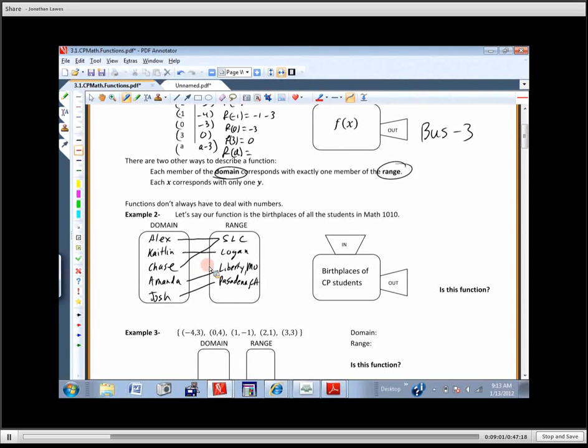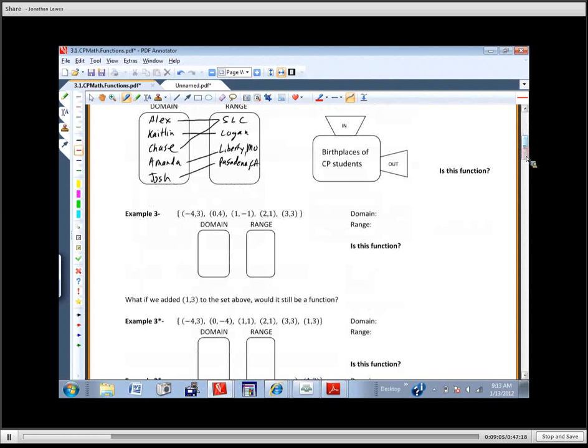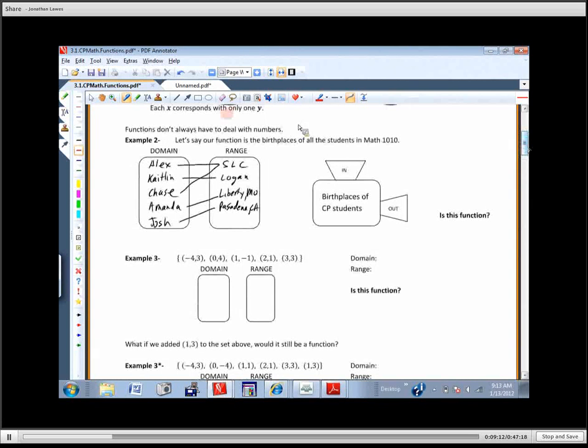Okay, so let's talk in terms of numbers. Each one of the first elements, each one of the x's, that's part of the domain. So we're going to put a -4, a 0, a 1, a 2, and a 3. Those are all elements of the domain. And the range, those are going to be the y's.